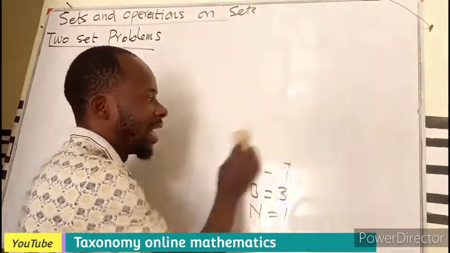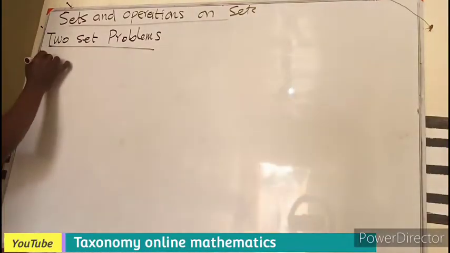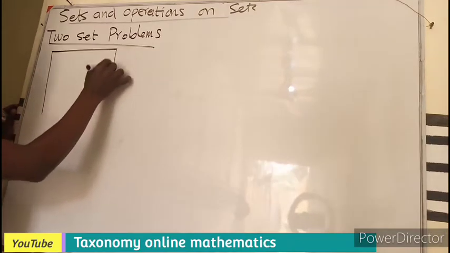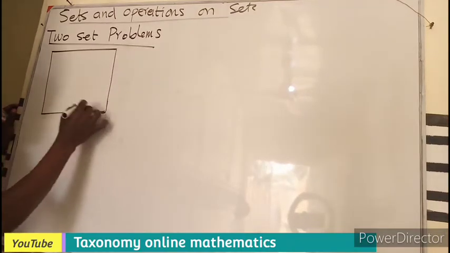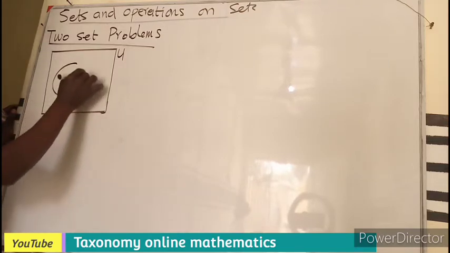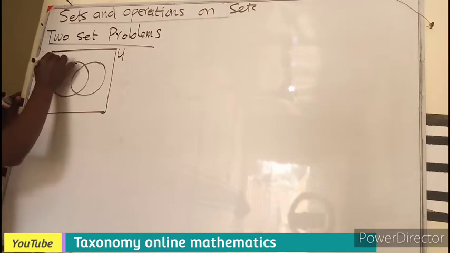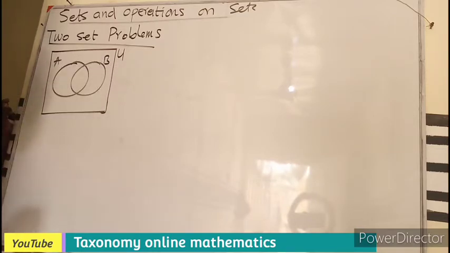As a revision of what we did in the last episode: on a Venn diagram, the universal set is the rectangle, and the two subsets are indicated with circles. Let's say A and B by default.